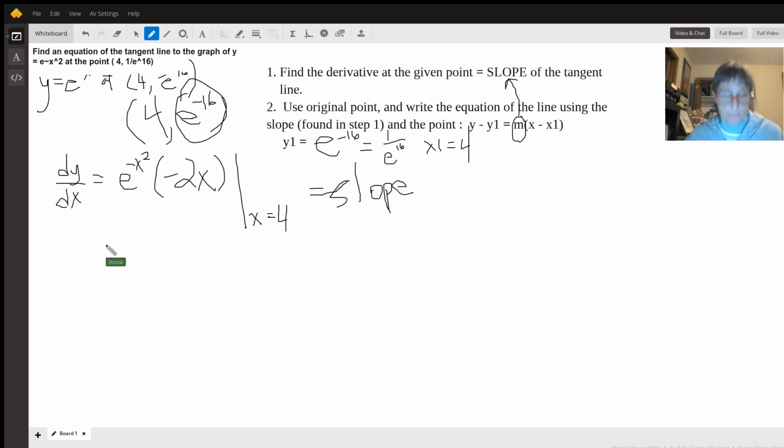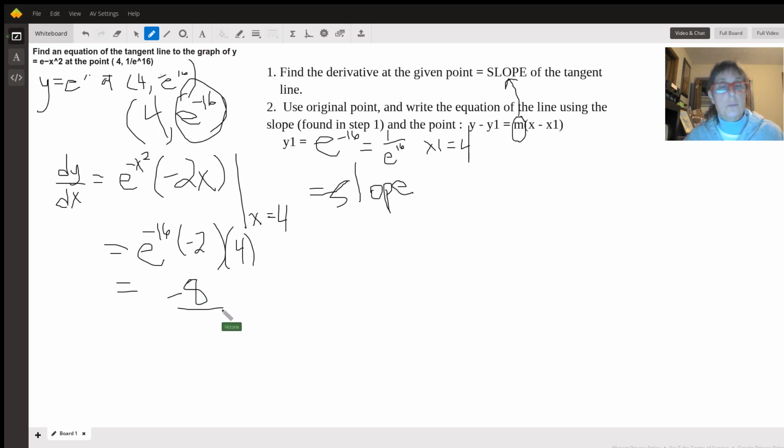And so this becomes e to the minus 16 times negative 2 times 4. So this is negative 8, and then maybe it's easier to put this over e to the 16th. And there we have it. So you just use this formula.